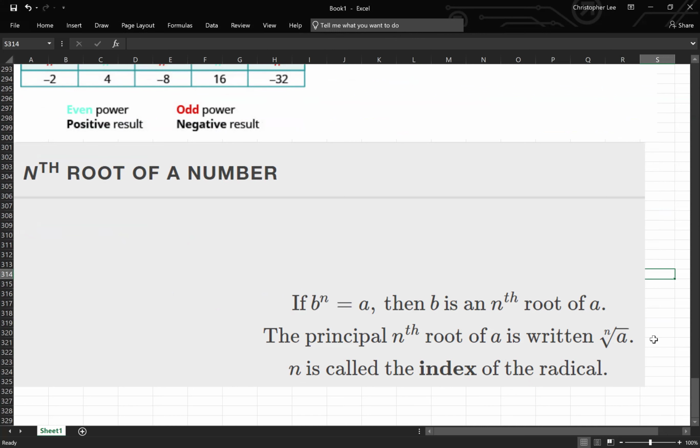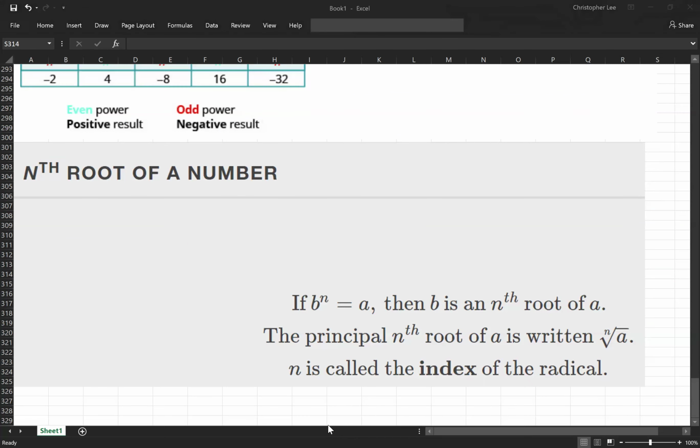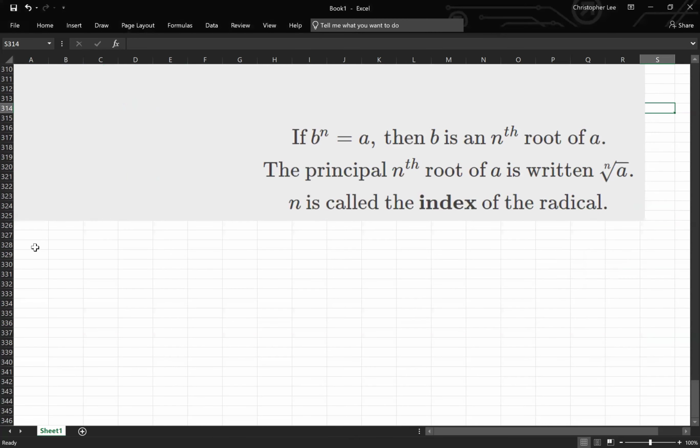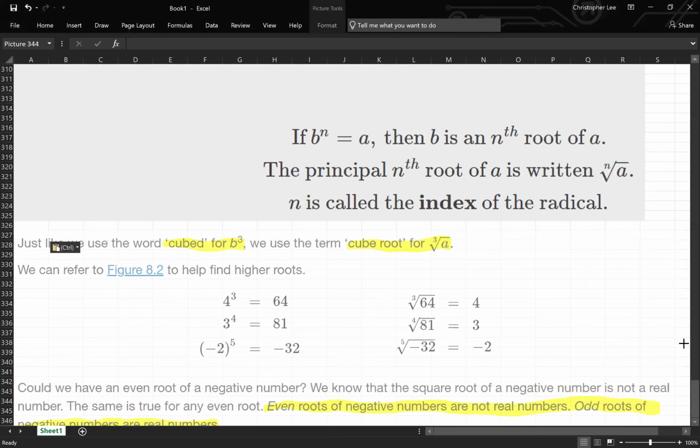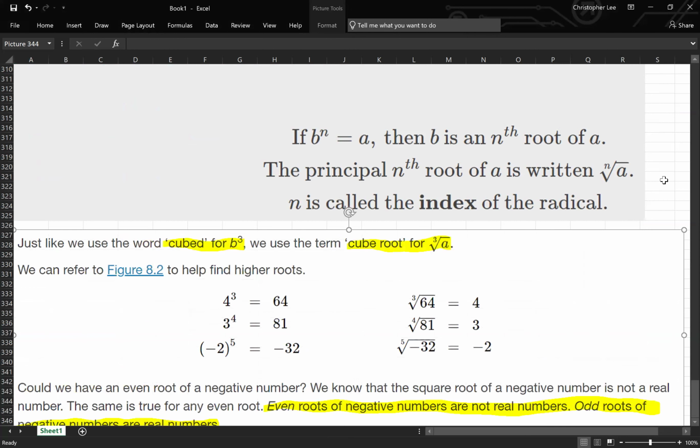So once again, n is called the index of the radical. Just like we use the word cubed for b to the third power, we use the term cube root for the cube root of a.